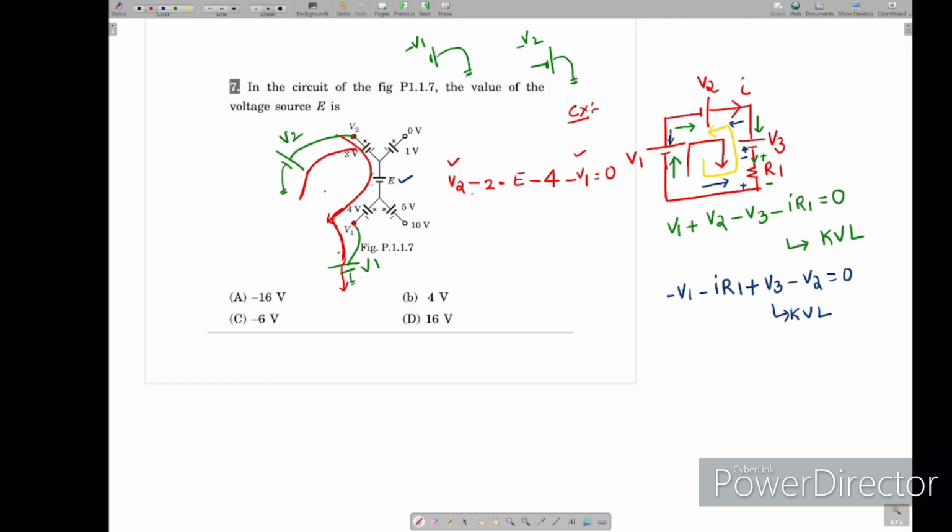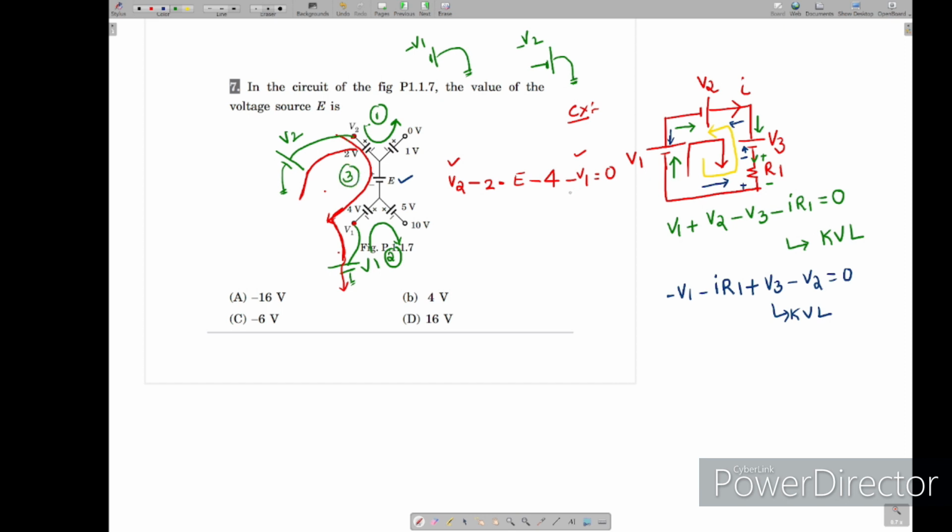By applying this loop, we'll get V2. Now this is loop 1, this is loop 2, and finally this is loop 3.